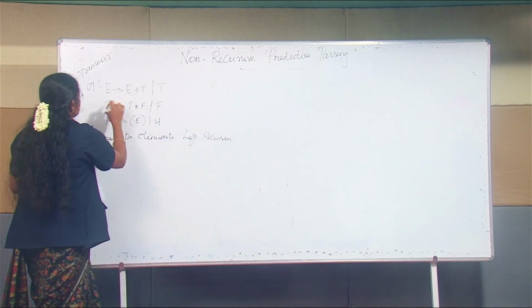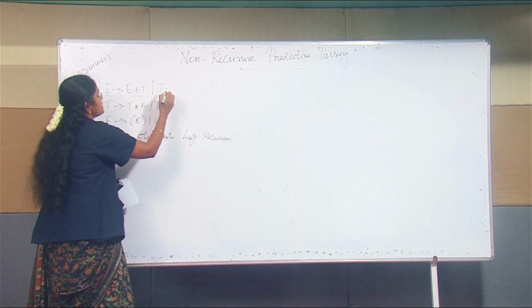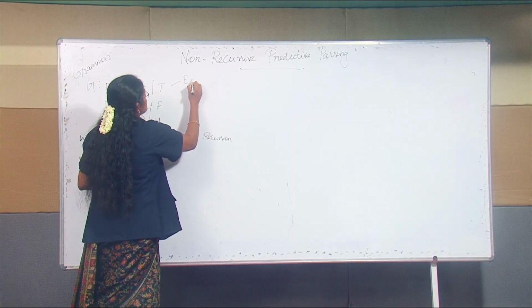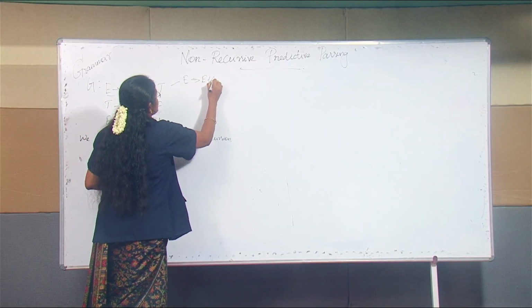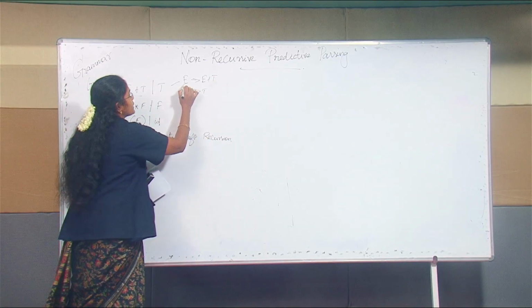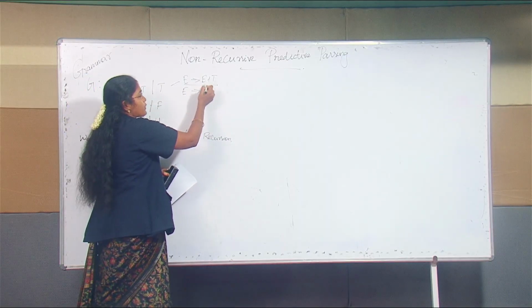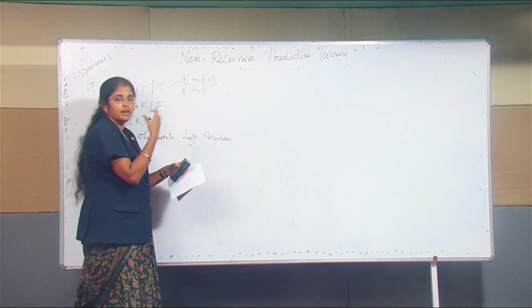In this grammar, the production can be written as E gives E plus T and E gives T. This production is said to be a left recursive production, since it produces its same element again.